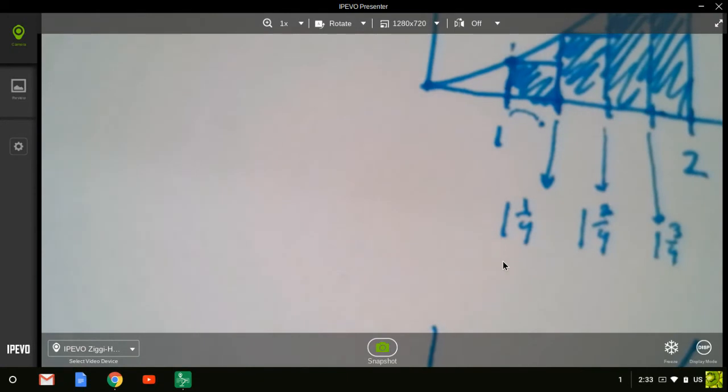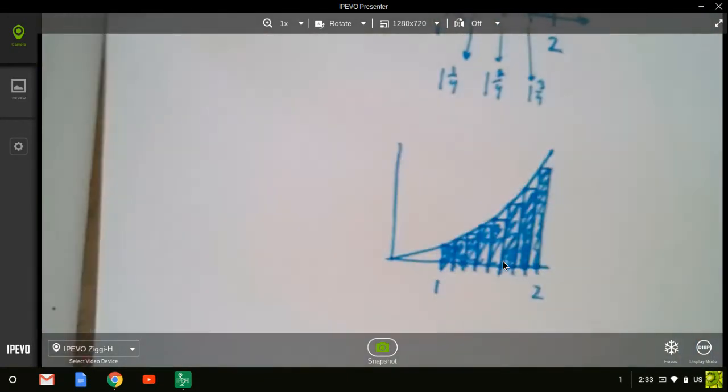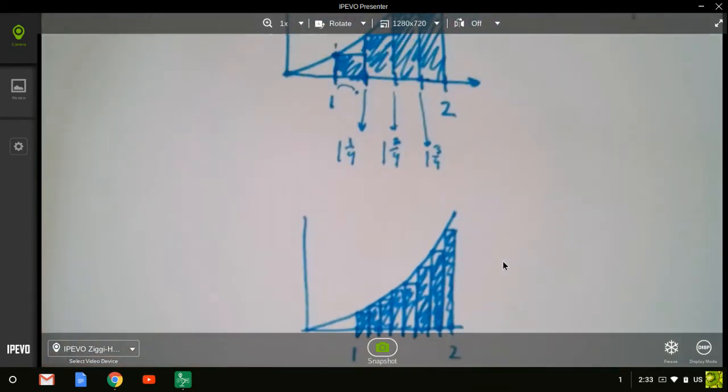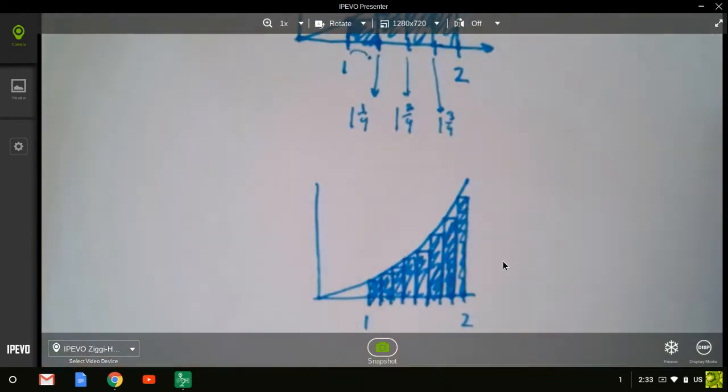Hopefully everything works out. It's a shame, but I guess this means we're going to have to transfer this over to the board. There it is.